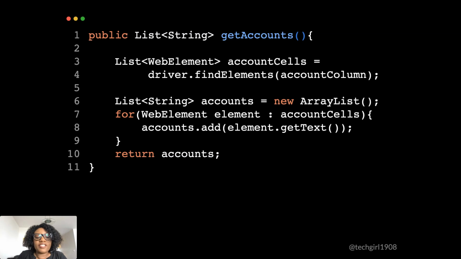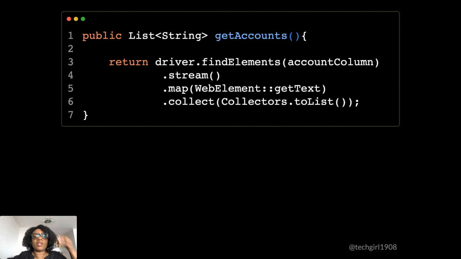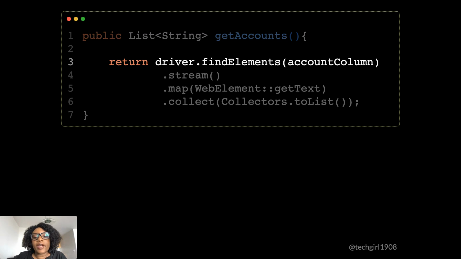So, of course, there's a more modern approach to do this in Java by using functional programming style. So this approach was actually added in Java 8, but I don't see it used much in test code. So I wanted to highlight it quickly. Now, as you can see, this is much more streamlined. Here, we still call find elements to get the list of web elements, but we don't need to store them.